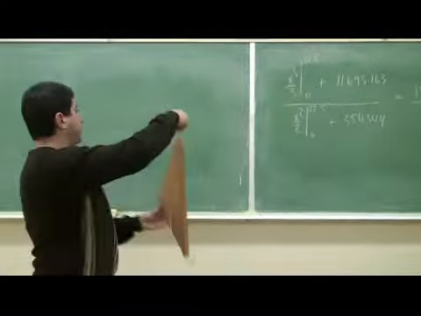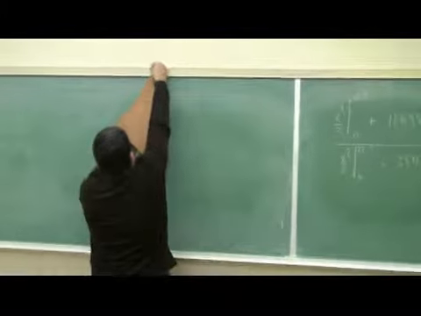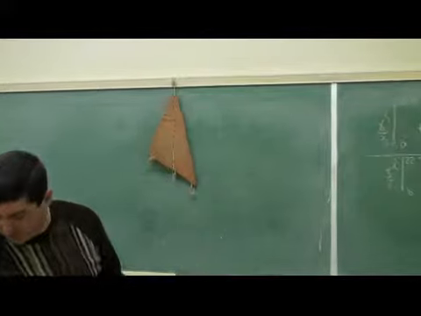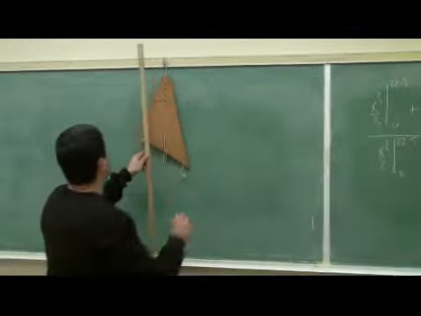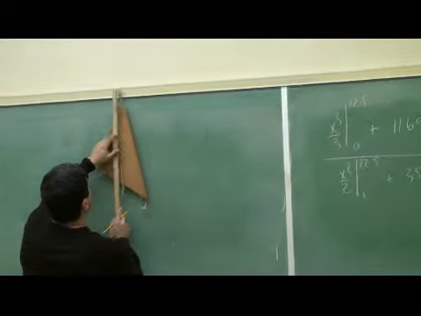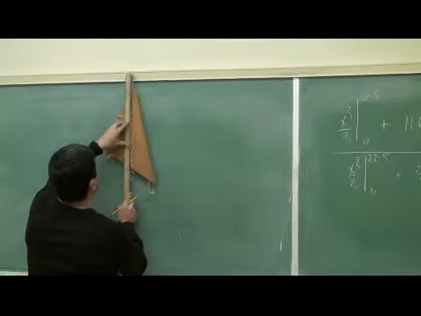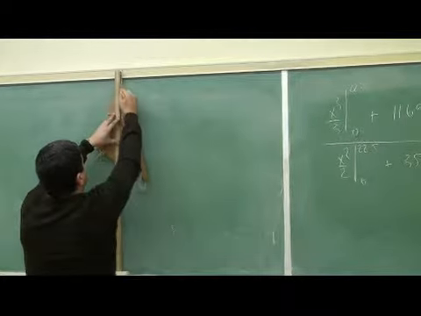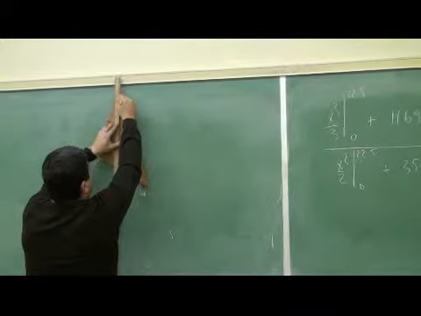Okay, so let's say I hang it from here. So you let gravity do the rest of the job here. You just take this and try your best here to draw a straight line.